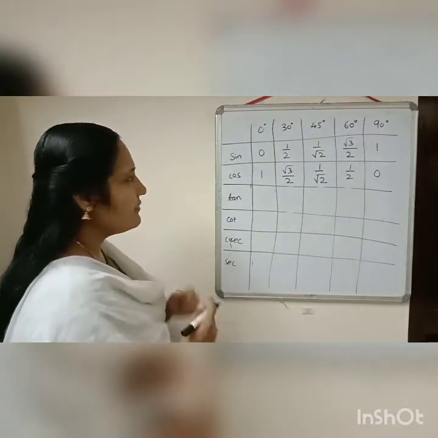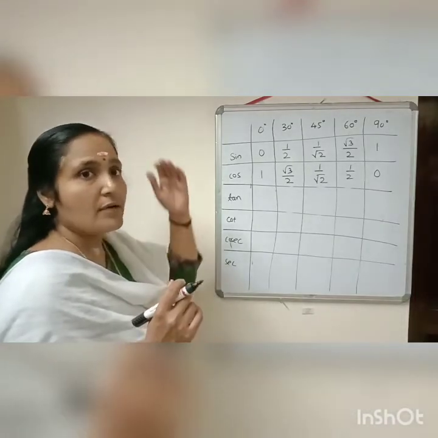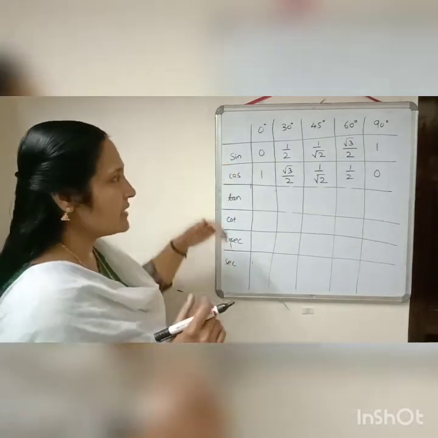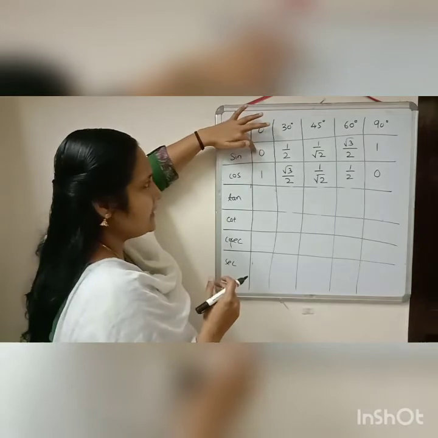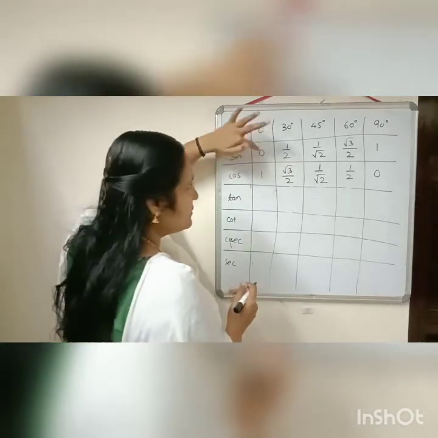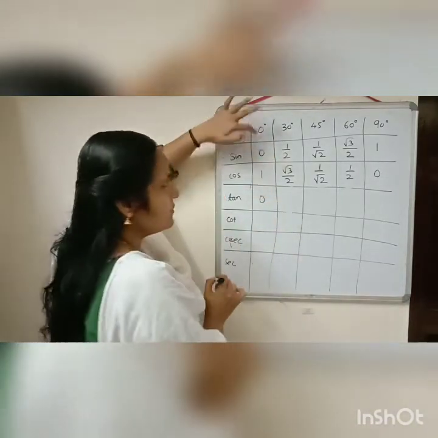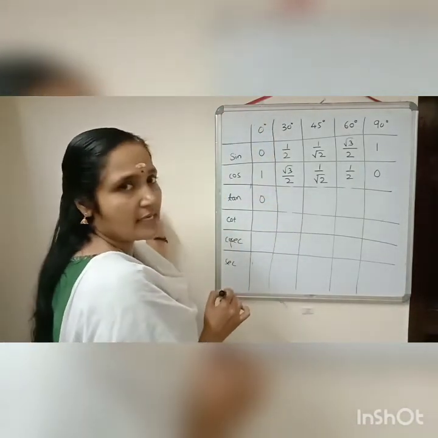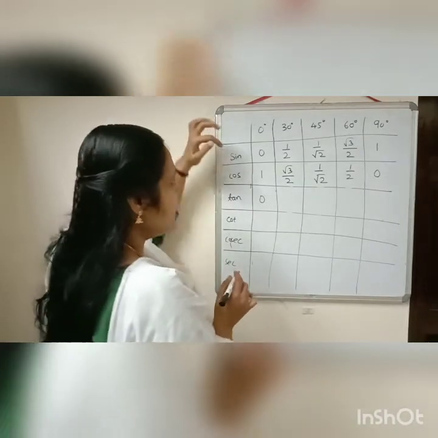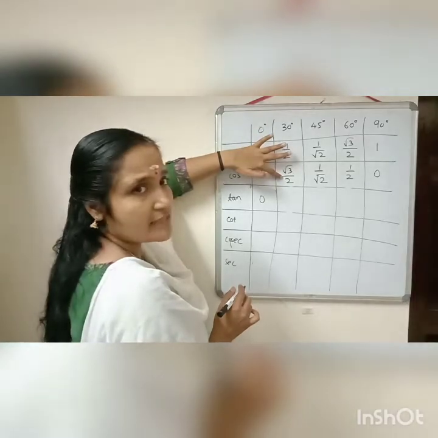Now we will check how we will find out for tan. So we know tan theta is equal to sine theta by cos theta. So first one, sine theta by cos theta. 0 divided by 1. So 0 divided by any number will be equal to 0. So we have tan 0 degree is equal to 0. Then tan 30 degree means it is sine 30 degree divided by cos 30 degree.